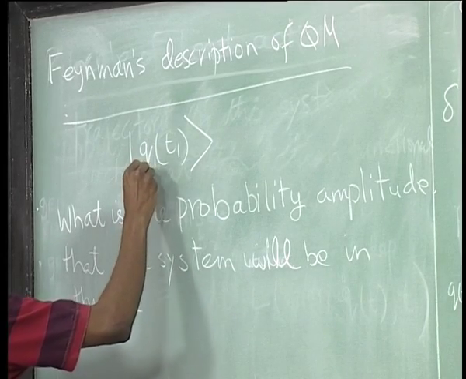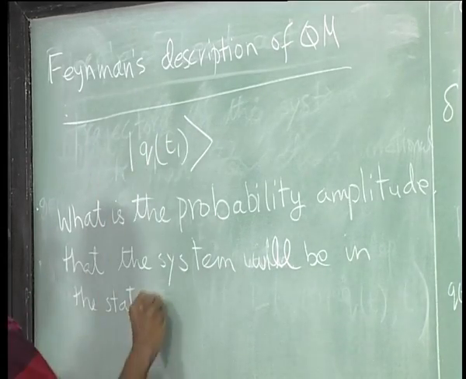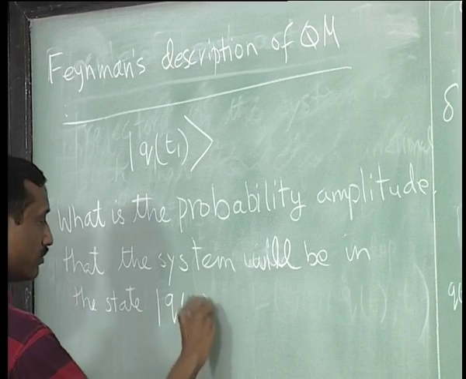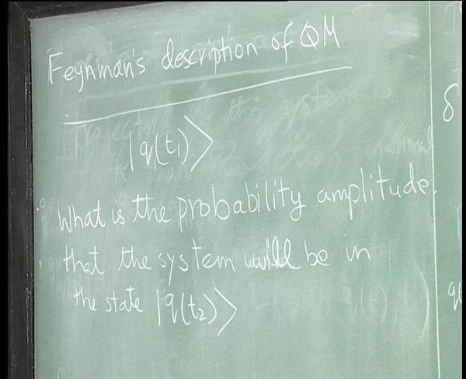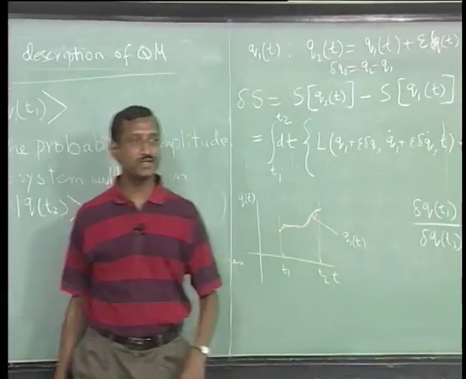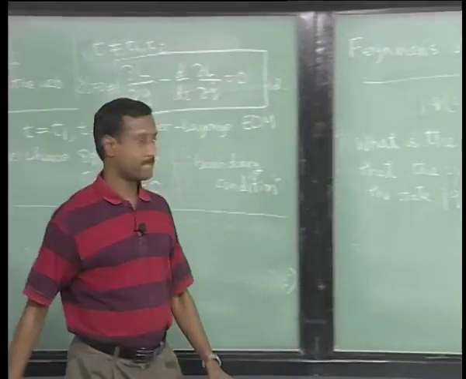So, let us say q at t1 goes to some other value q2 at time t2. So, q at t1 and q at t2 are numbers, okay, which is exactly like your initial and your final conditions. It is localized out there.